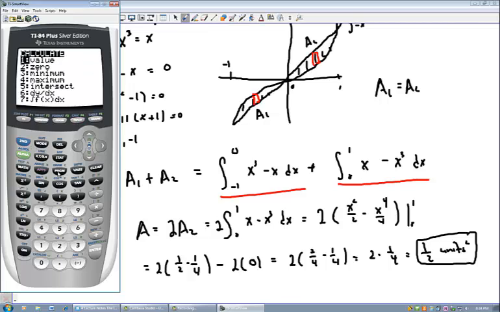So hit second trace again, go down to the integral, and now just make sure you use your up or down arrow so you wind up on x. So now I'm on x, use 0 enter 1 enter, and it says it's 0.5. Okay, so 0.5 minus 0.25 is, again, 0.25. So I know the area right here is 0.25. And again, you can multiply by 2 and you get 1/2. So you can check your work. So this does check.